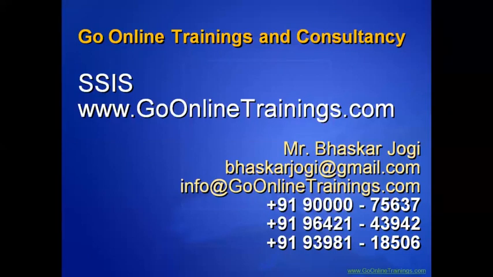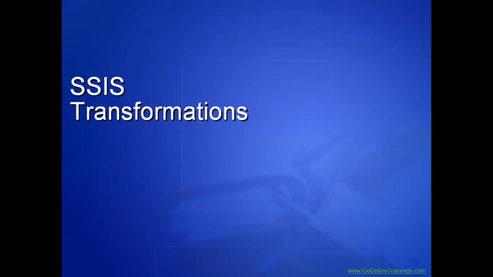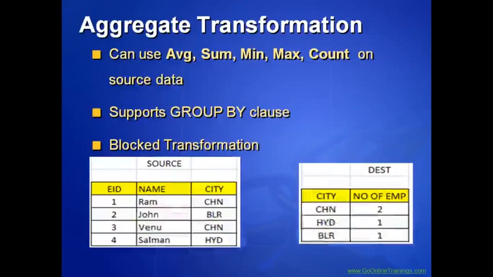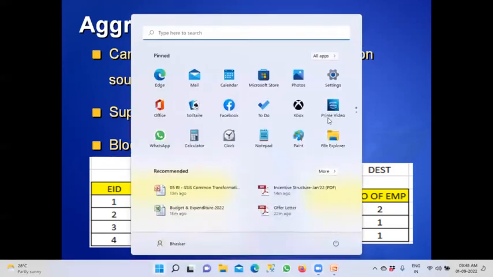I wanted to have one more beautiful class today, and that is on SSIS transformations, where we are going to be seeing a lot of block transformations, non-block transformations, and semi-block transformations, right? So the first transformation I wanted to understand is the aggregate transformation.